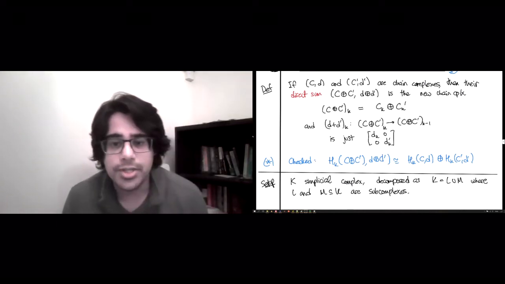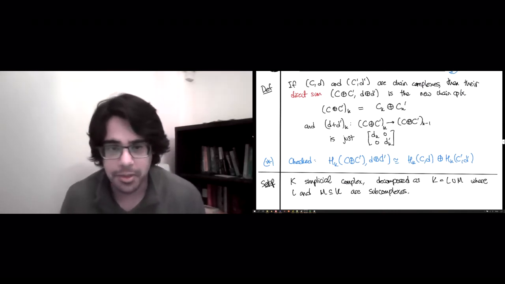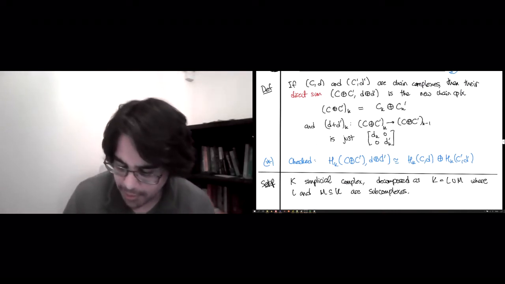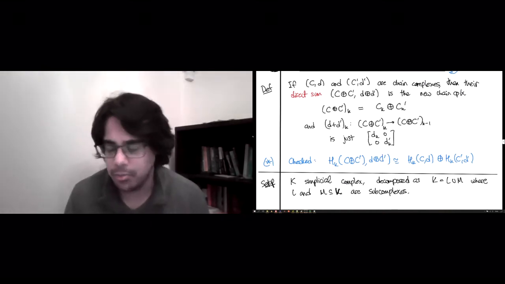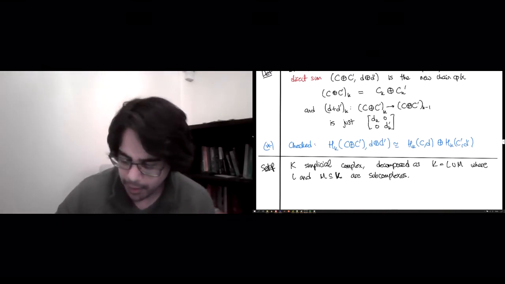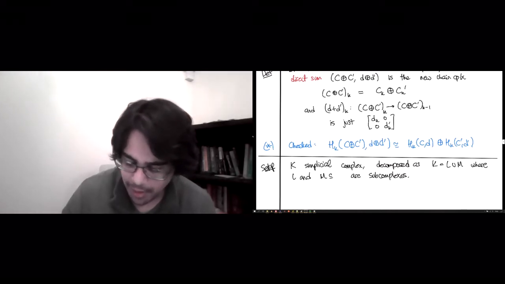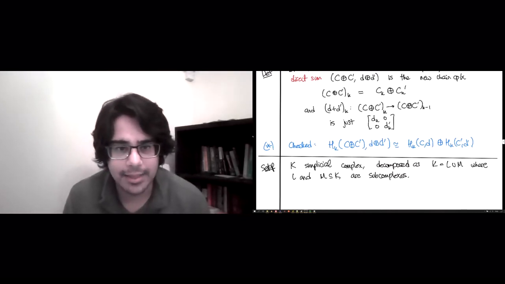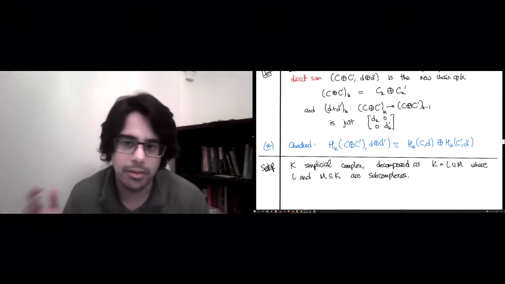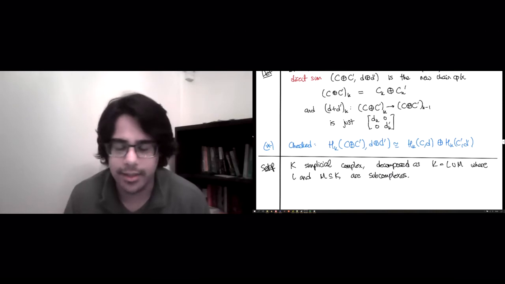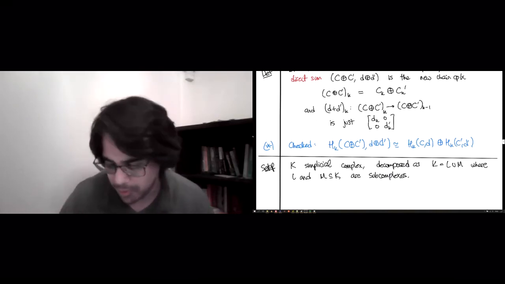Okay, the intersection of two subcomplexes of simplicial complexes is always a subcomplex. If this is not obvious to you, you should sit down and try to prove it. The key is that if you have a simplex in L and that same simplex in M, then its faces have to be in both L and M, therefore in the intersection. So it's not a very hard proof to write down.